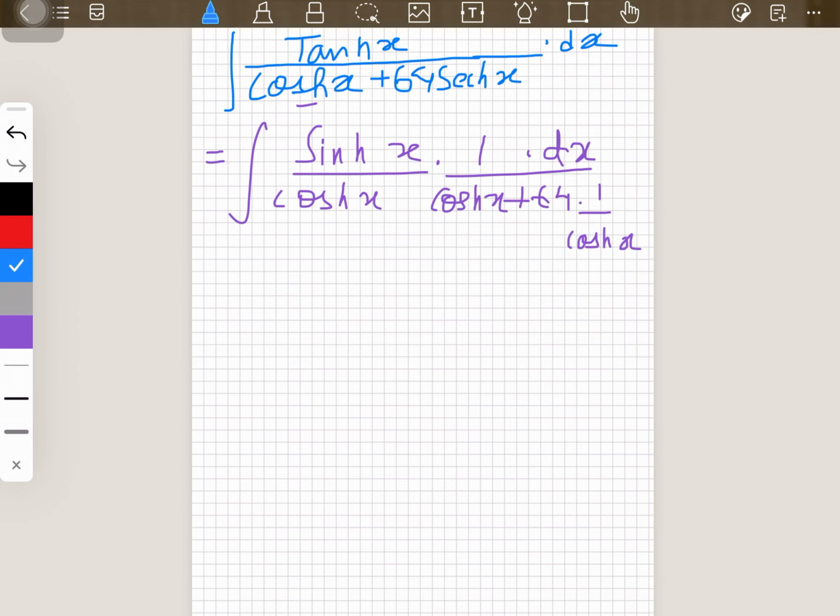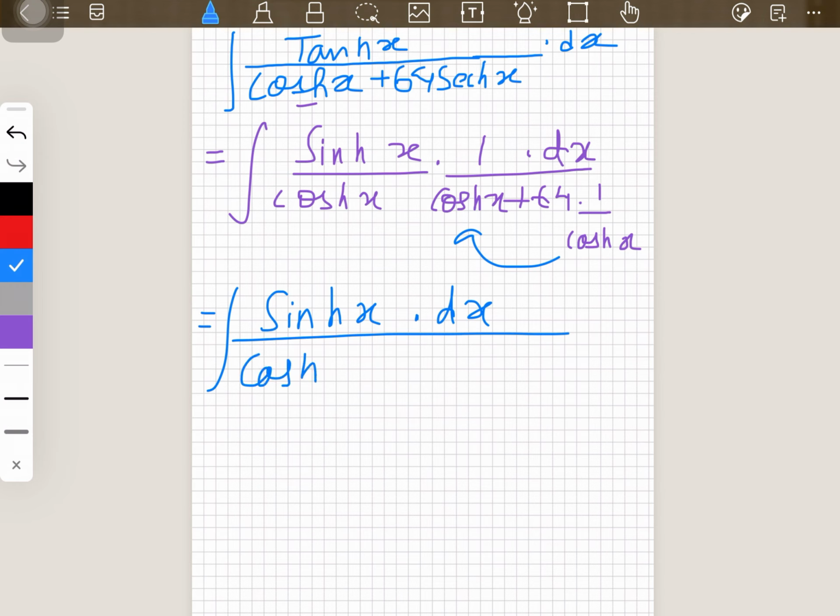So after this, what you can do is take LCM here. So it is equal to sinh x remains as it is times dx divided by cosh x multiplied by cosh square x plus 64 over cosh x.